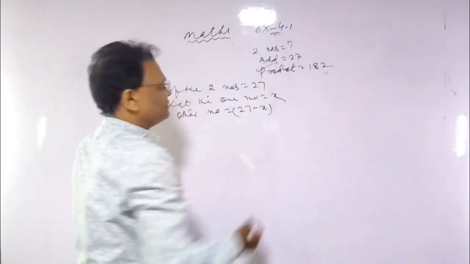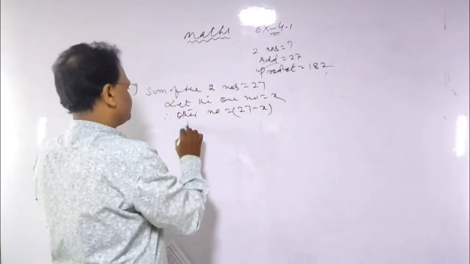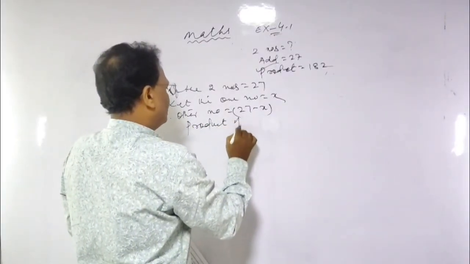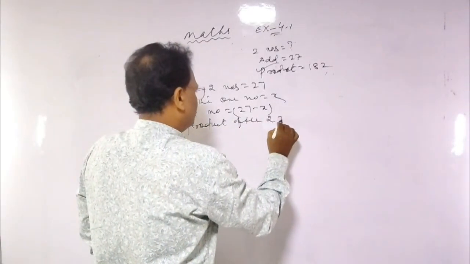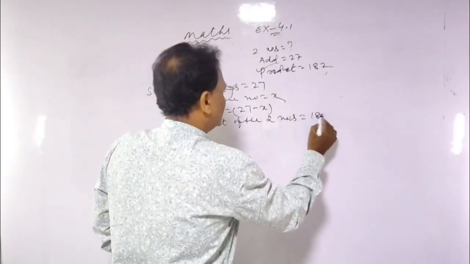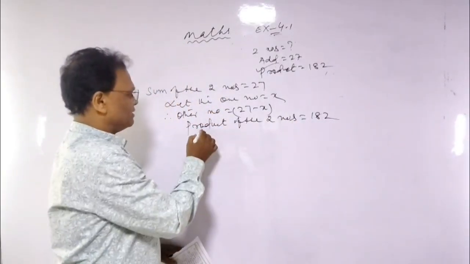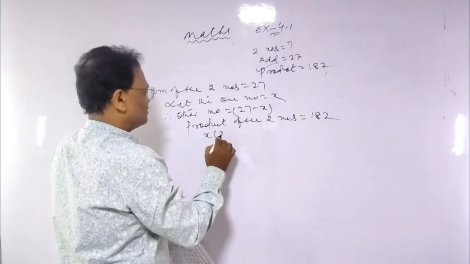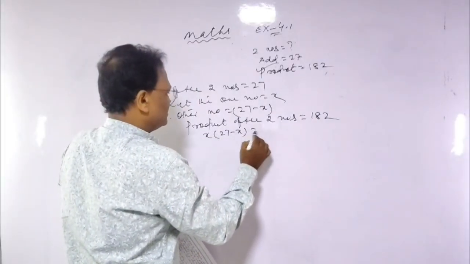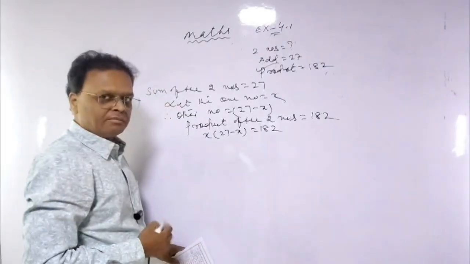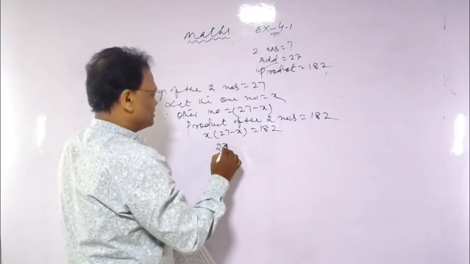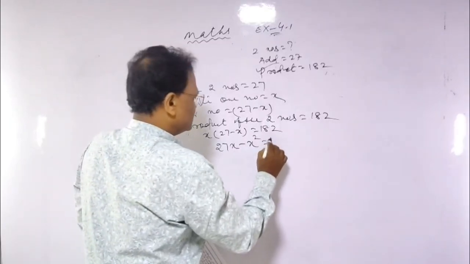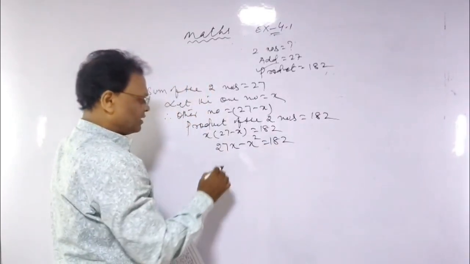Now, what is given? The product. The product of the two numbers is given as 182, meaning their multiplication is 182. x of (27 minus x) is equal to 182. Multiply x into 27, 27x, minus x into x, x square, is equal to 182.